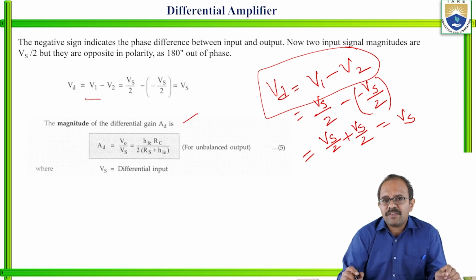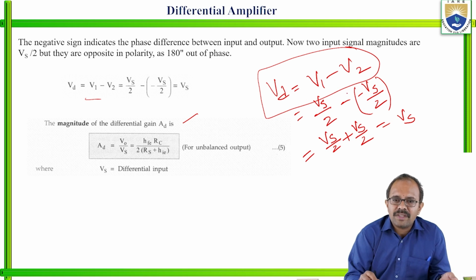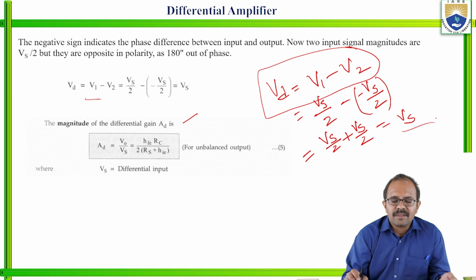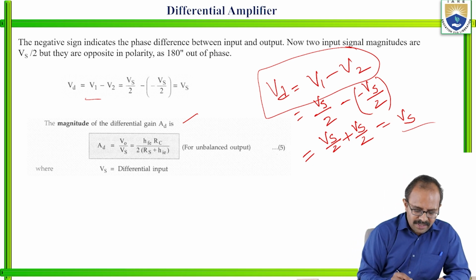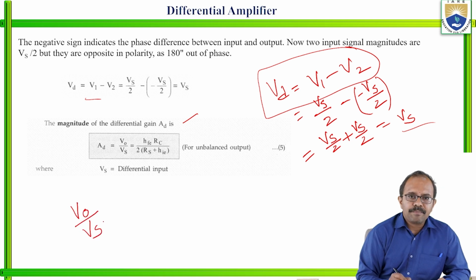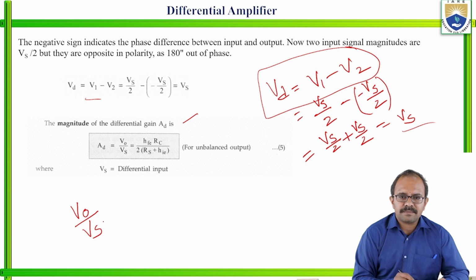Right? So in the differential mode, how will you set the differential mode here? Vd is equal to V1 minus V2. Under this mode, what is your input voltage? Vs. Right? Now what is the gain of this differential mode? Gain means output voltage by input voltage. What is your output voltage? V0.